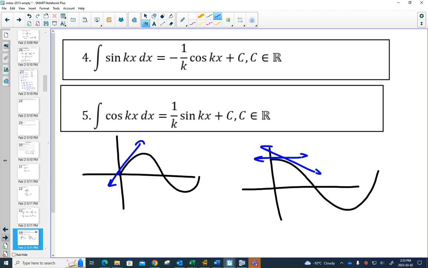The derivative of cos is negative sine. So now when you're working backwards, since sine to cos was positive, going backwards, cos to sine stays positive. Because going from cos to sine changed from positive to negative, now going backwards on sine, you've got to go negative to cos.